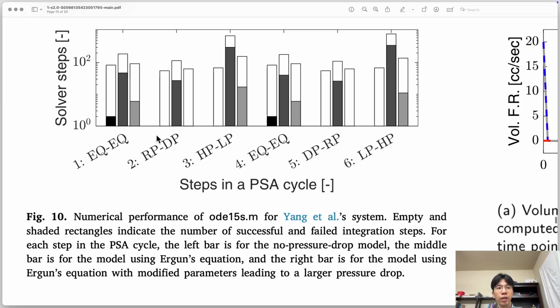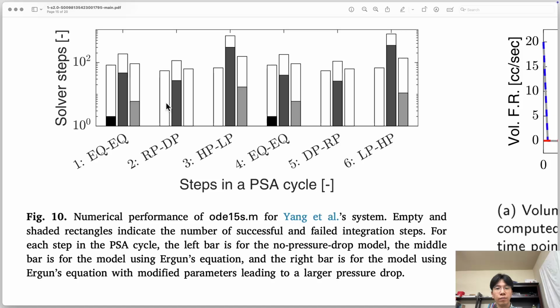So you can see the fraction of the number of failed steps. The empty rectangles indicate successful integration steps, and the shaded ones mean failed. You can see, especially for the middle bar, the number of failed integration steps is more than 50%.